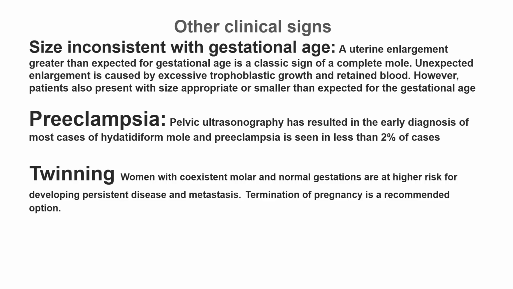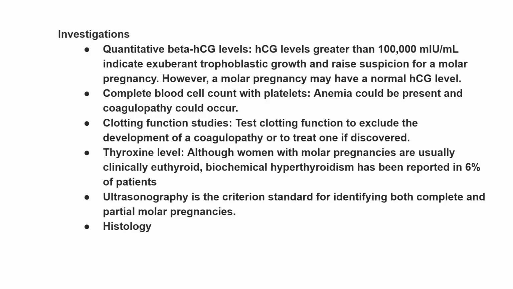The size of the fetus would be growing well with normal fetal heart sounds also. In such a condition, whether to go for termination of the pregnancy or to continue with the pregnancy would be a sensitive question. But as there is a high risk of penetration and metastasis, it's better that termination of the pregnancy is done even if the other fetus seems to be normal. This is the standard guideline.